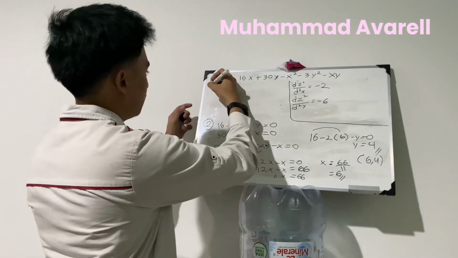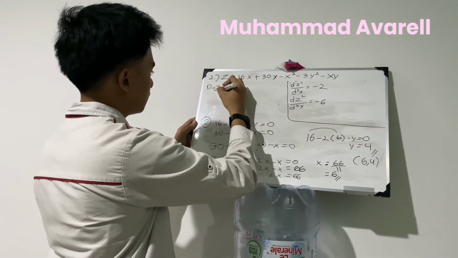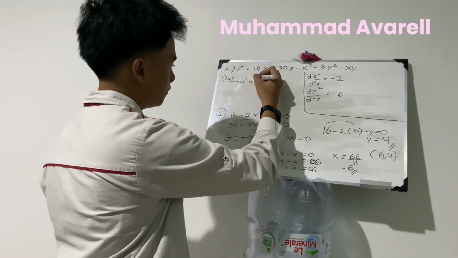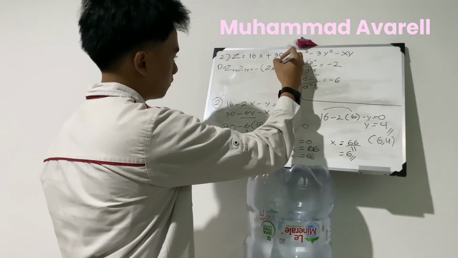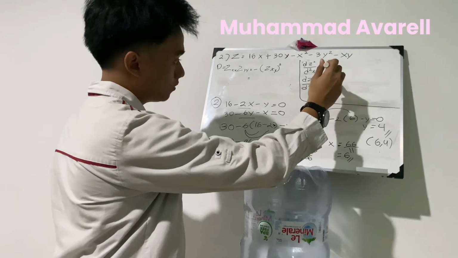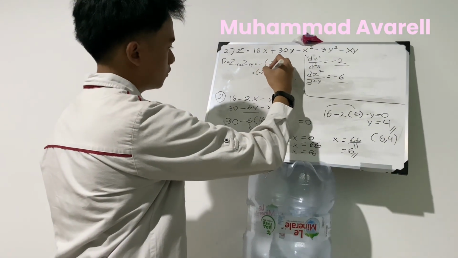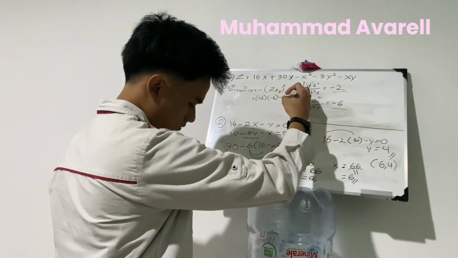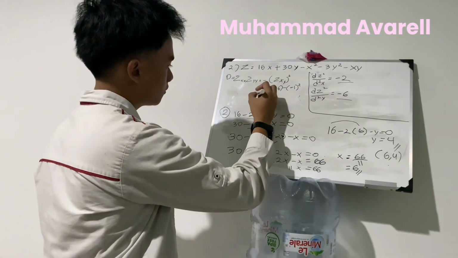The formula is like this: D equals zxx times zyy minus zxy squared. Then we just put this one, minus 2 and minus 6, in here like this: minus 2 multiply minus 6 and minus 1 squared. So the answer is 11.